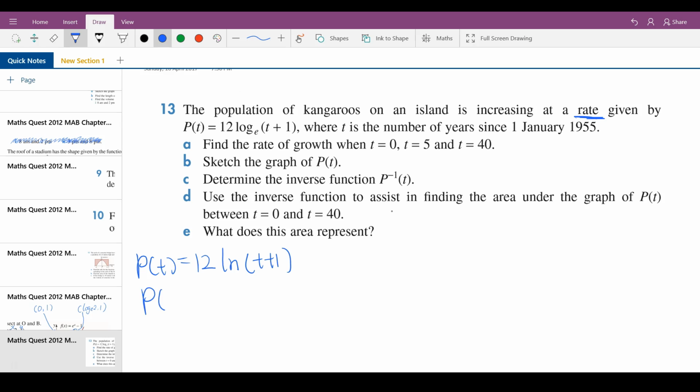So therefore, if t is equal to 0, it's 12 ln 0. But I believe ln 0 is a math error. Oh no, sorry, it's not ln 0. My bad. Yes, ln 0 would be a math error, but here it's 0 plus 1. So that will give us 12 ln 1.